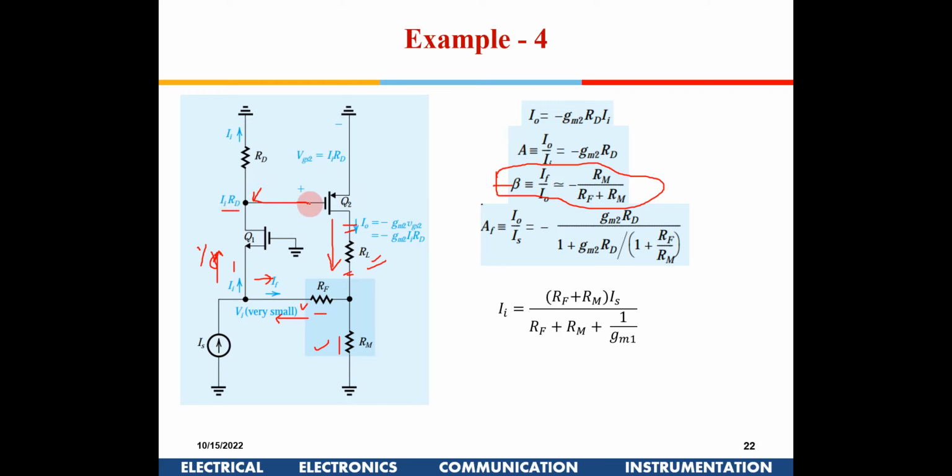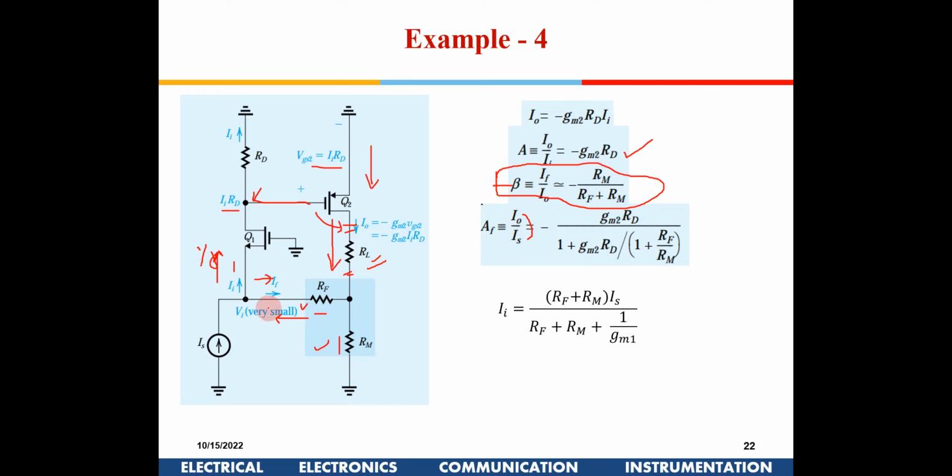If that is the voltage, then this current will be GM2 into IRD. So GM2 into RD, right? This is the voltage which is available here. From here, the current will be GM2 into RD. This is the current gain. Is it okay or is it getting confusing?